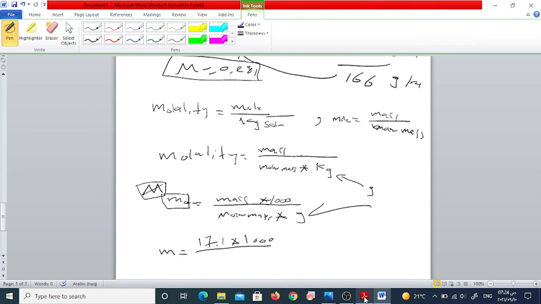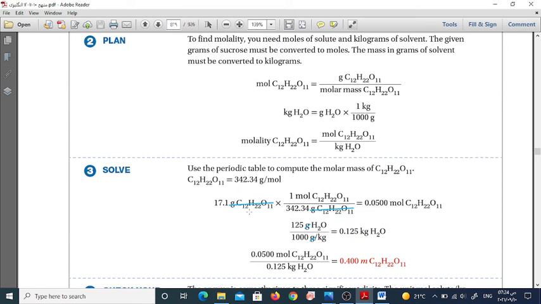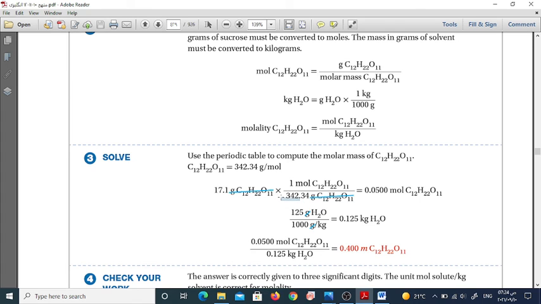And the molar mass of sucrose, you can calculate by multiplying 12 as atomic weight of carbon, 22 times 1 as atomic mass of hydrogen, and 11 times 16 as atomic mass of oxygen, and then you make summation. Then you get 342 gram per mole.